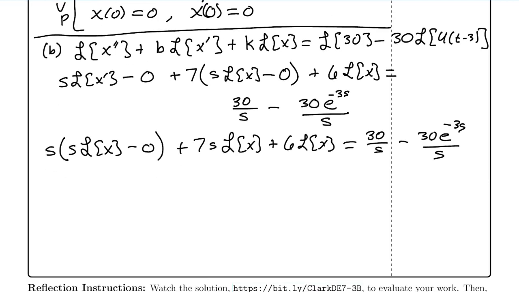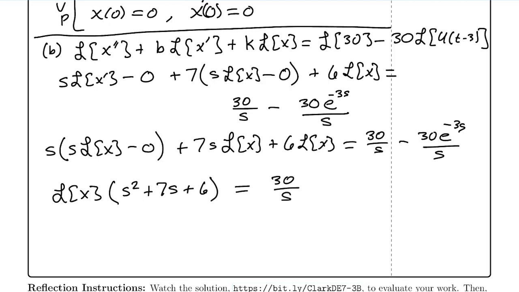And so in the end, we're just going to get L of x factored out, multiplied by the characteristic equation, s squared plus 7s plus 6 equals 30 over s minus 30 e to the minus 3s over s.